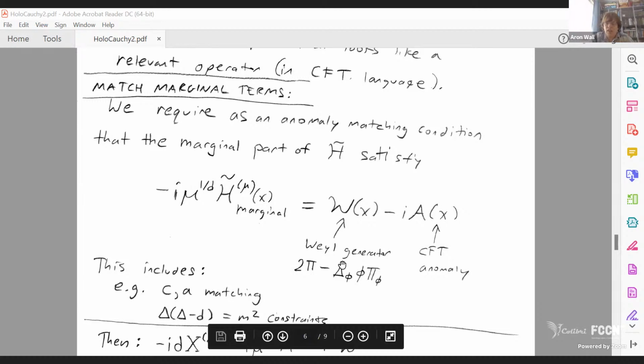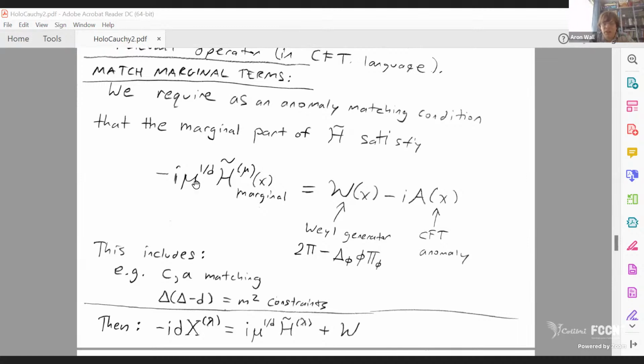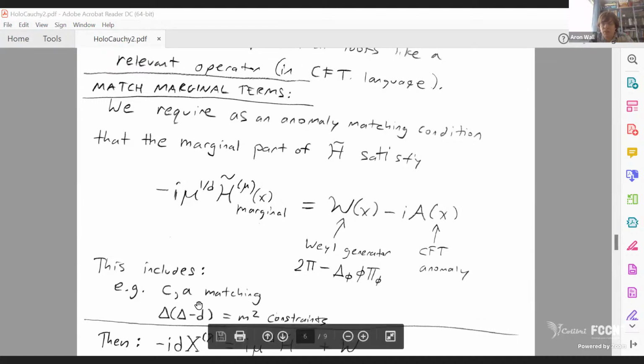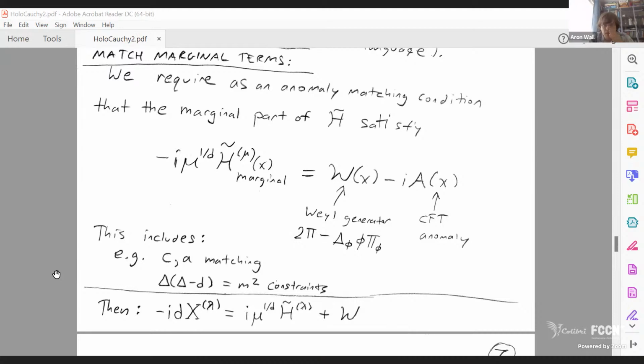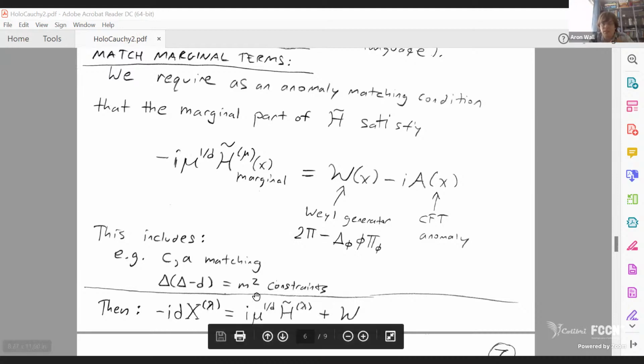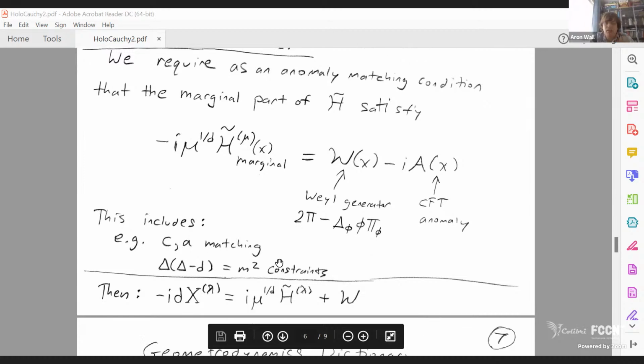This anomaly matching condition gets you the usual anomaly matching conditions involving central charges C and A. It also gives you the usual conditions relating mass squareds of fields in the bulk to dimensions of operators on the boundary, that sort of thing.